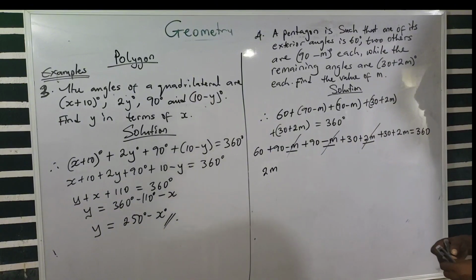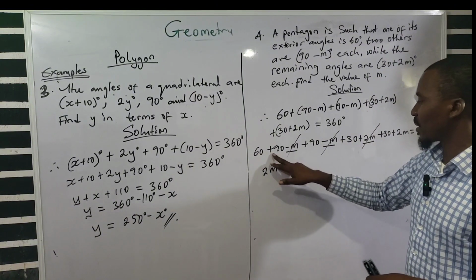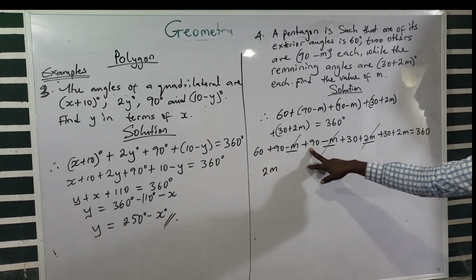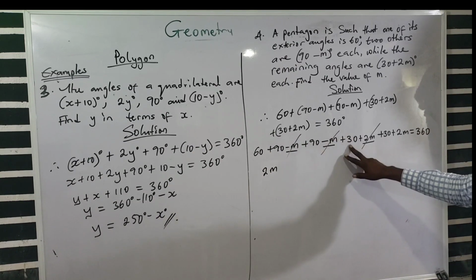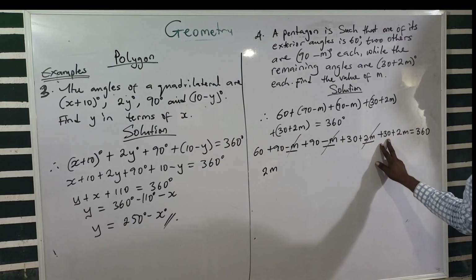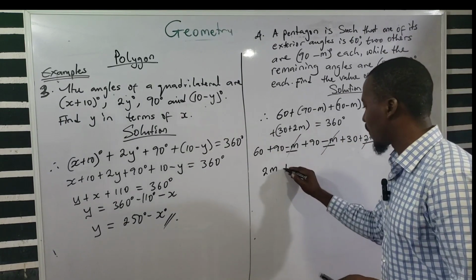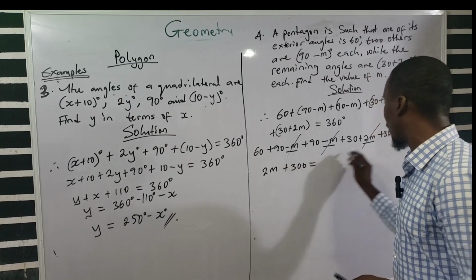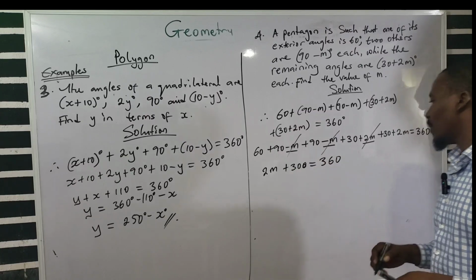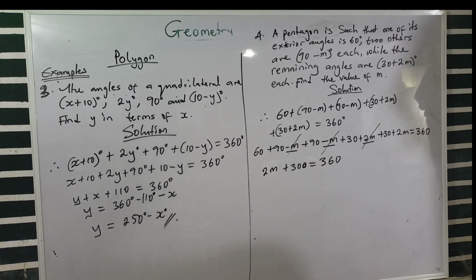So let us look at the numbers now. 60 plus 90 is 150, plus 90 gives you 240, plus 30 gives you 270, plus 30 gives you 300. So I have 300 equals 360. With that, we can solve for m.